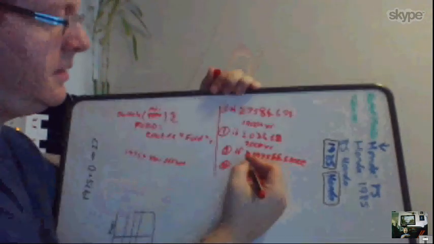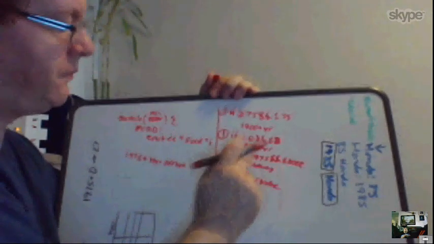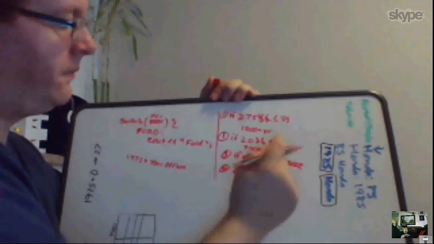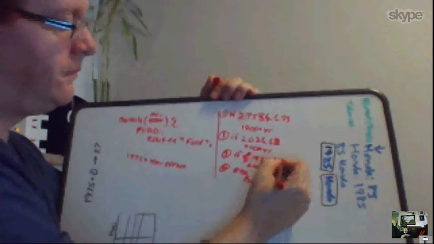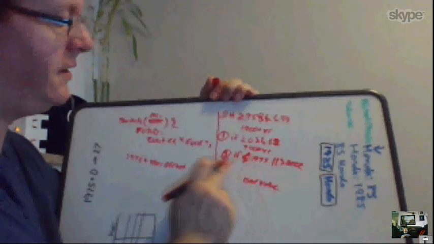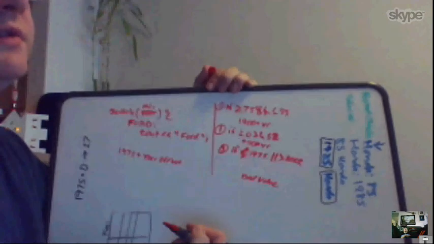Actually, probably the better thing to do would simply be to say if less than 75 or greater than 2002, bad value. That brings it down to just three statements.